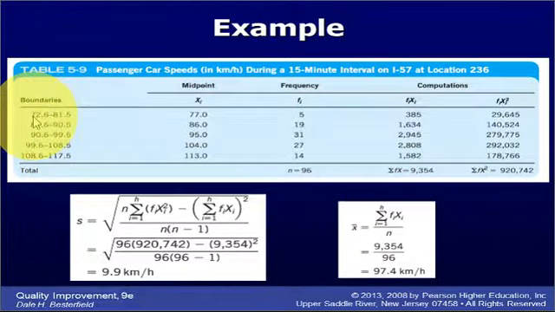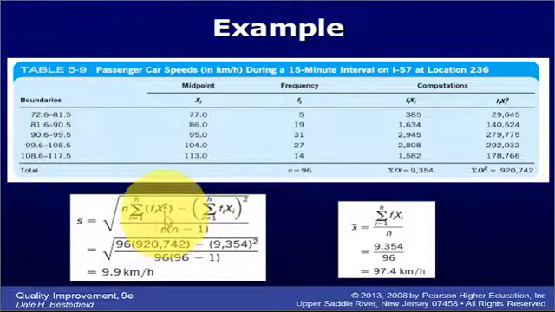And each class has its lower bound and upper bound. And this Xi is the midpoint of each class. And this Fi records the frequency of each class, the frequency of the speeds that fall within the boundary of the class.